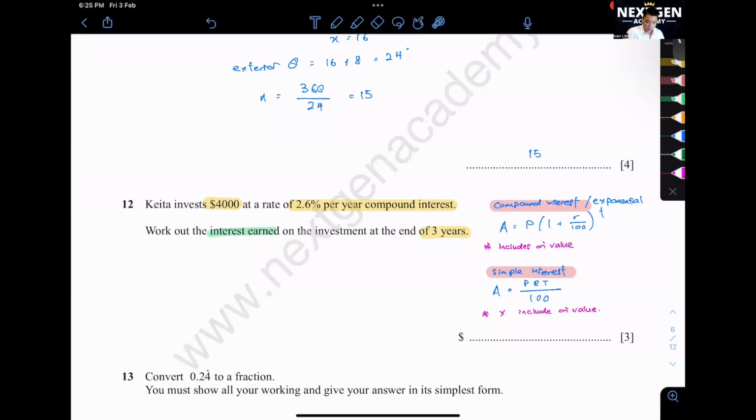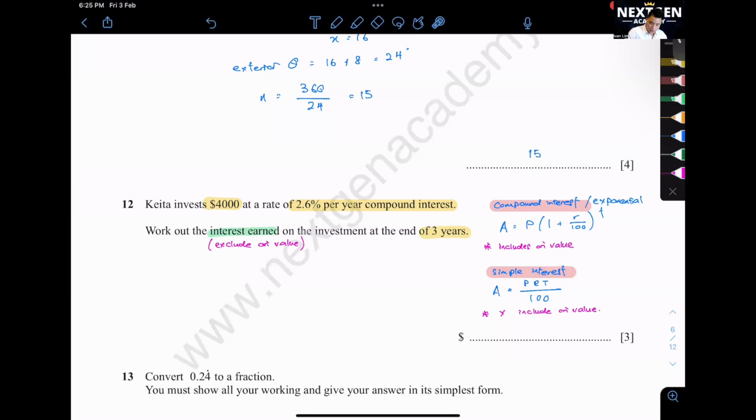So look over here, work out the interest earned. Interest earned means what? Do I want to find it with the original value? Don't want, right? This means we exclude the original value, if they just say interest earned.